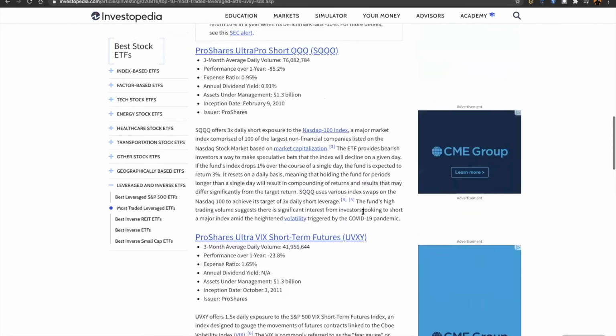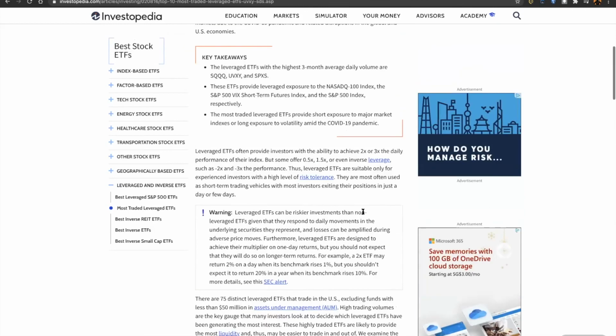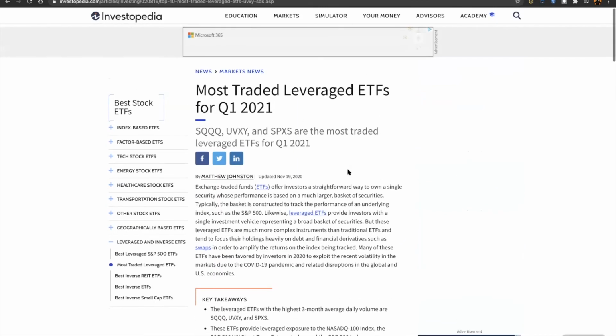Likewise, if you just Google, you can see the most popular ones. But you have to be careful because this is leverage. Leverage means, like I said, if you lose, you lose a lot.